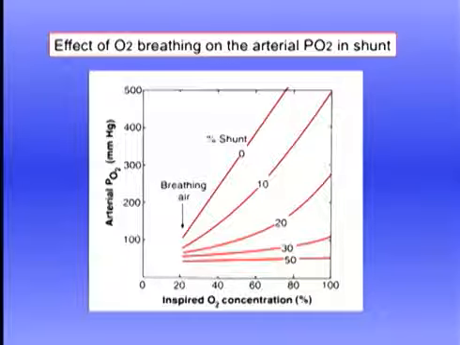There is a small increase in oxygen saturation, but the dissolved oxygen can be quite substantial if we go up to, say, 60 to 80% oxygen. So there is value in giving a high inspired oxygen concentration to patients with a shunt.